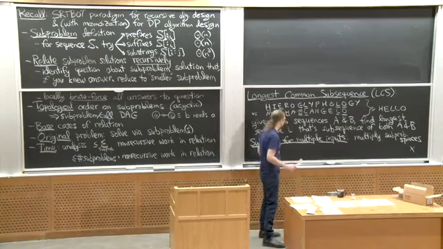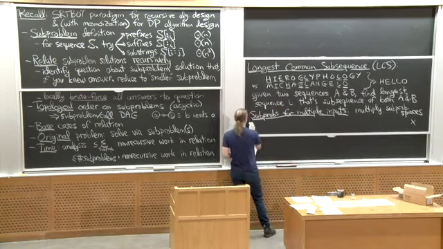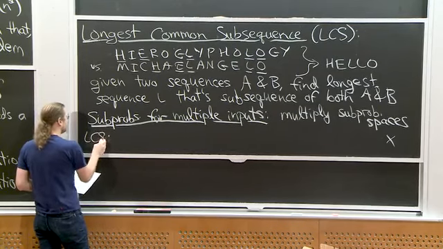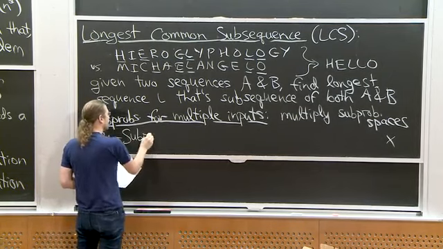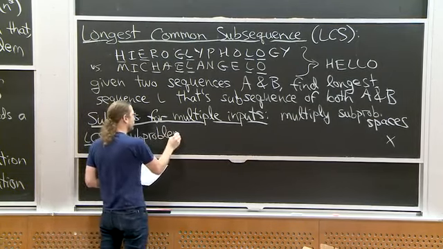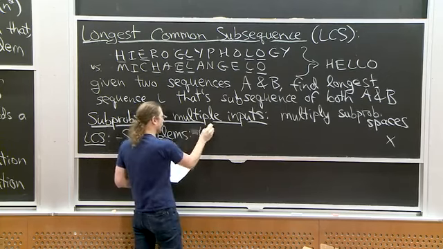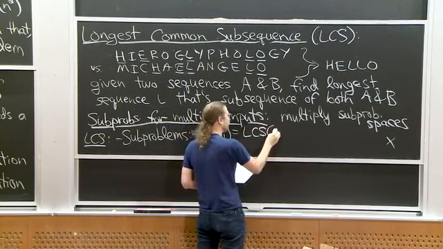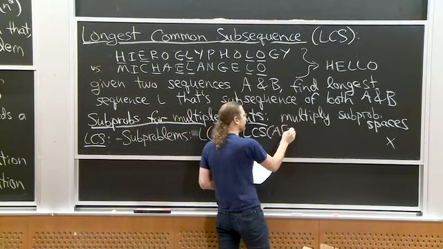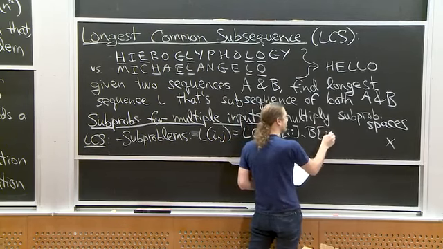So let me write that down. For LCS, our subproblems are L of i, j. This is going to be the longest common subsequence of the suffix of A starting at i and the suffix of B starting at j.